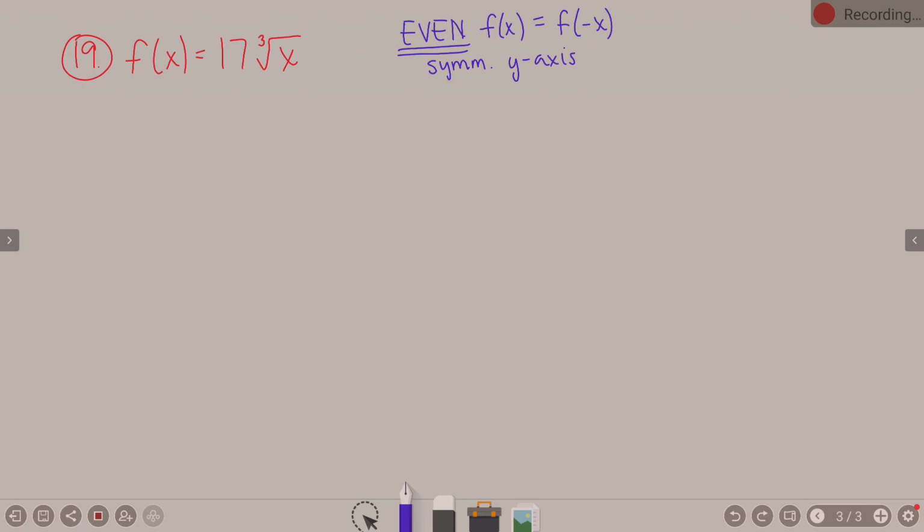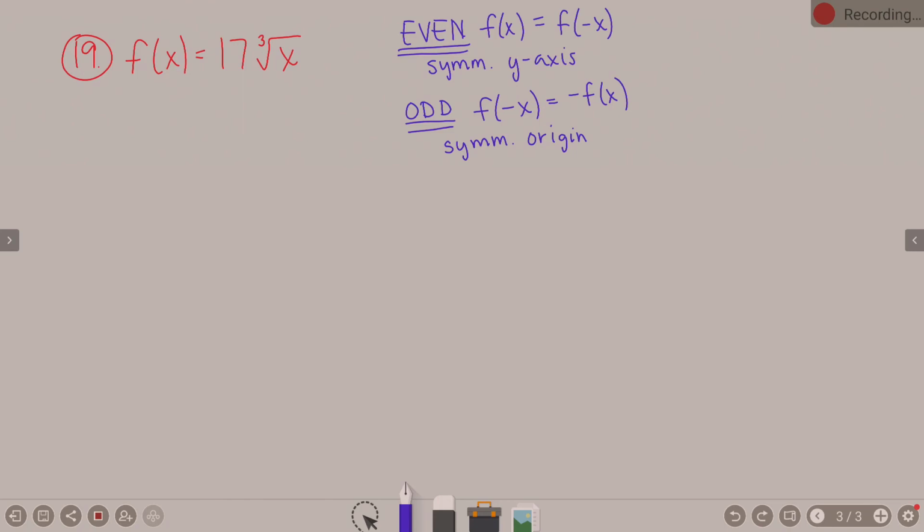Okay. What are my odd options? f of negative x equals negative f of x, or symmetric across the origin. Okay, and we're working on memorizing all these definitions, right? There's a lot, I know, but you've got lots of time though. Okay, so let's look at 19.